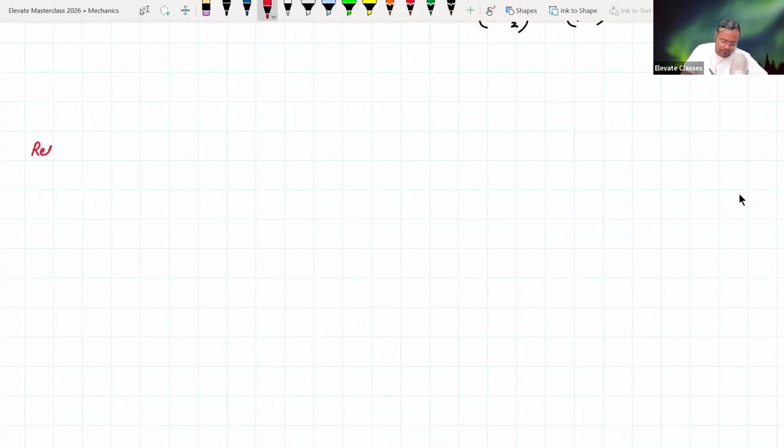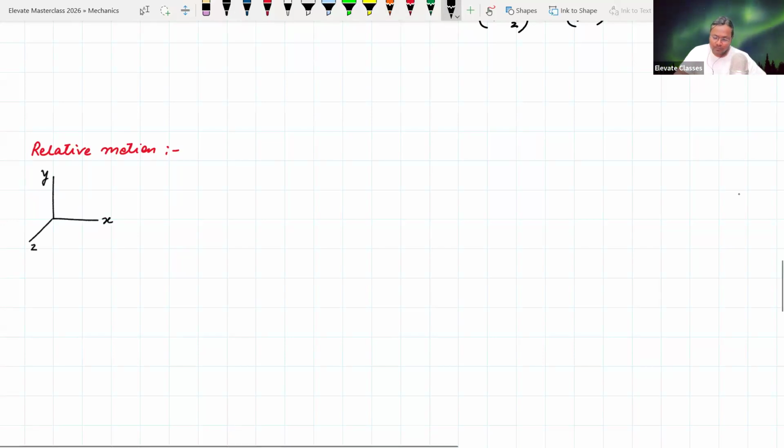So relative motion. Okay, so if you have a system of particles that is isolated. Okay, so for example, you have a coordinate system x, y, z, and you have two particles m1 and m2.